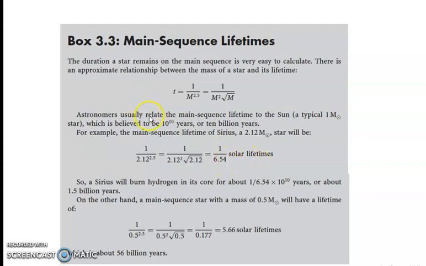Solar lifetime 10 to the power 10 ആണ്. So Sirius is having a lifetime of 10 to the power 10 divided by 6.5, about 1.5 billion years. അപ്പോൾ അതുപോലെ തന്നെ a star having mass 0.5 times the mass of the sun has a lifetime of 5.66 solar lifetimes. So this is the relation between the lifetime and the mass.